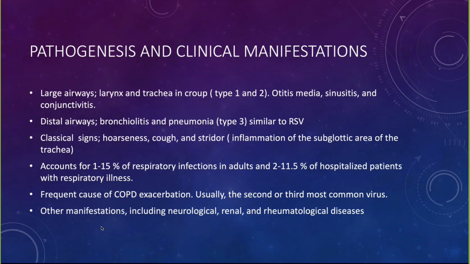As far as the clinical manifestations of parainfluenza viruses, it has 2 particular types of presentations. You can have upper respiratory tract infection, like the one you see in younger kids, and the peak of the infection is usually by 6 years old, anywhere from 3 to 6 years old.